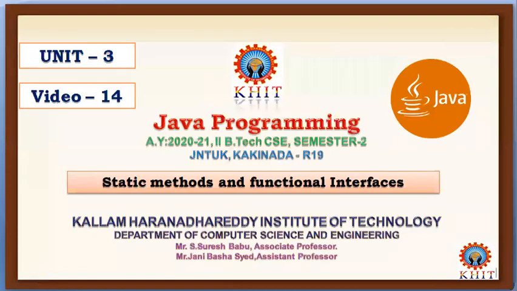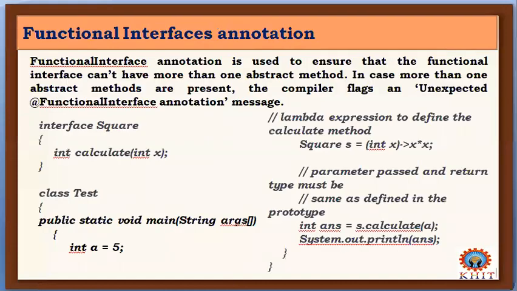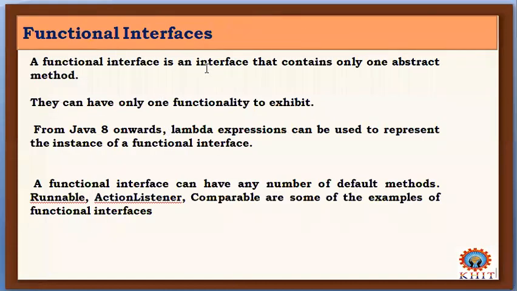the last thing we need to go with is the functional interface. Okay, what is the functional interface? Generally, we know about the interface concept. What is an interface? An interface is a collection of different constant variables and abstract methods.